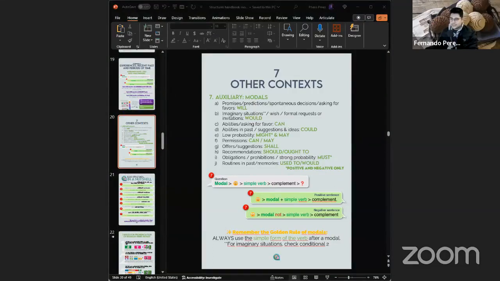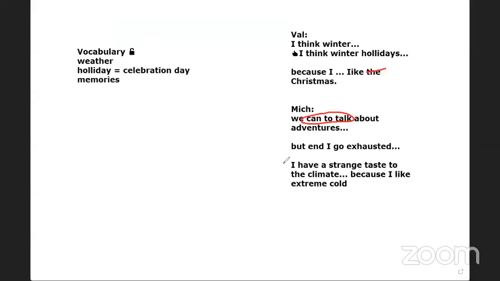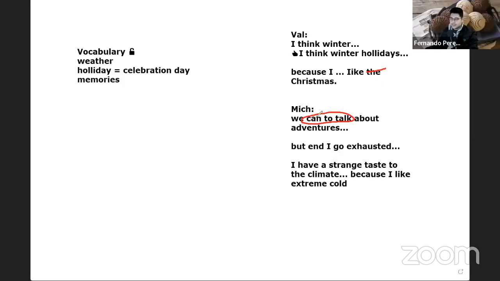Do you understand this? Yes. What is the correction? We talk. No, can't. Use can. We can. Not to.